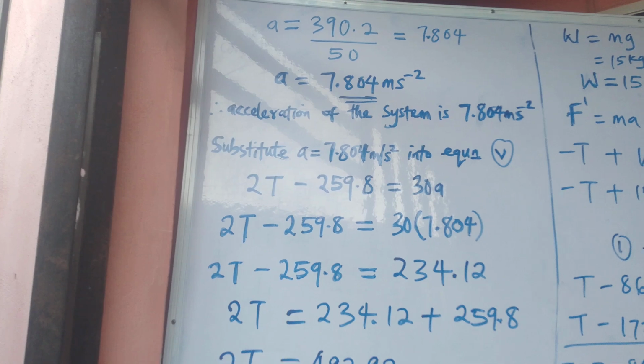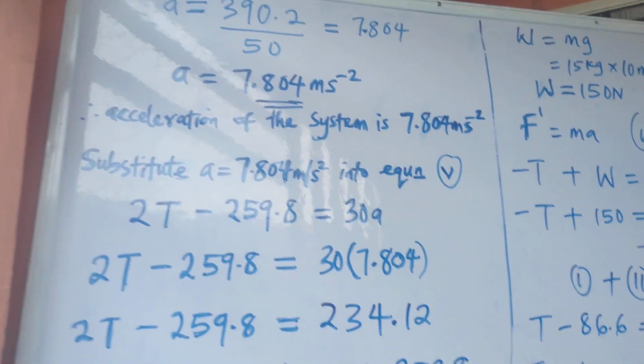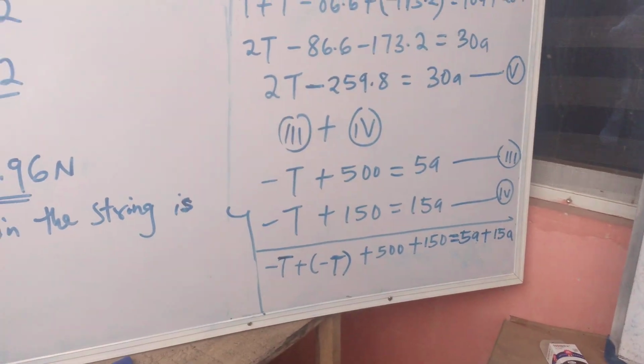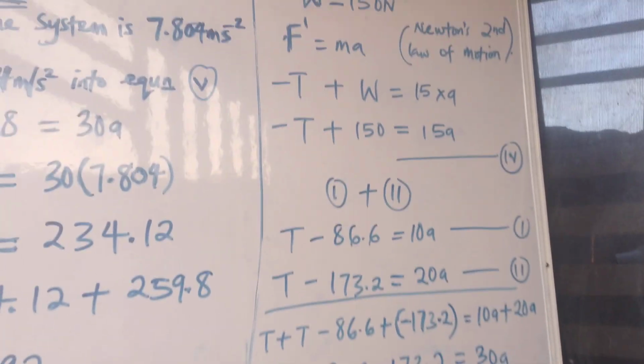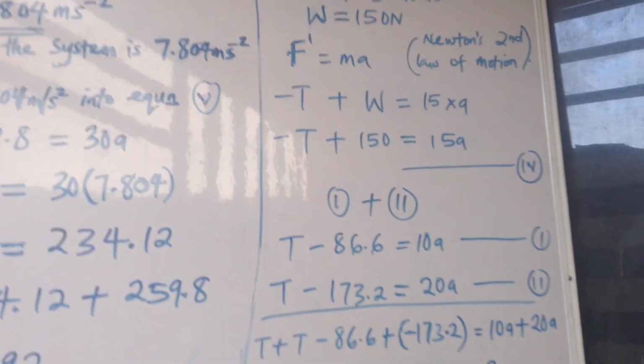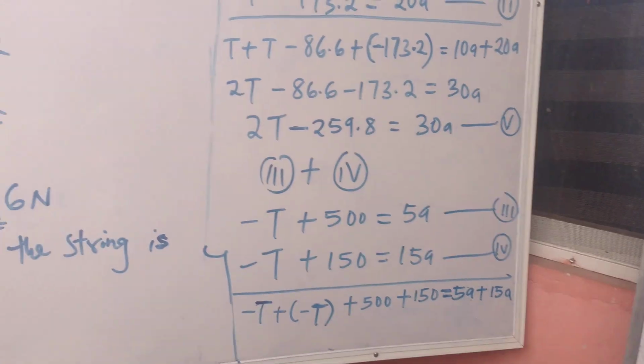So just observe the steps we took in finding the tension, and also the steps we took in finding the acceleration of the system, using Newton's second law of motion. We arrived at simultaneous equations and we solved.